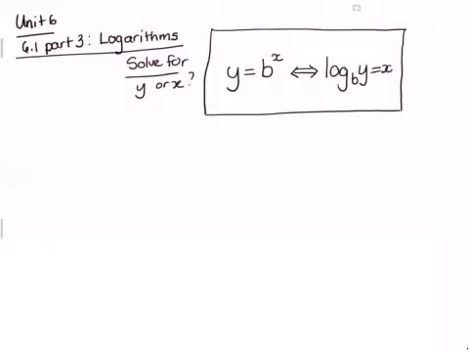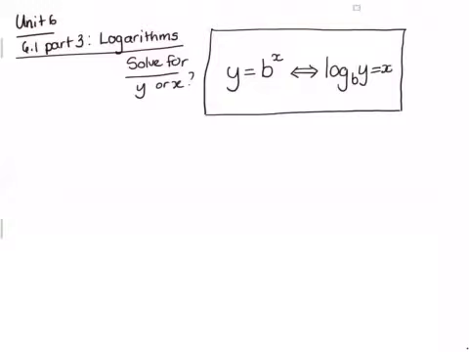So if I have the values of b and x and I want to get y, then obviously I use the first equation, because if you solve for, remember you're transposing, then the one you want has to be alone on the left. But if I have the values of y and b, and I want to find the value of x, then I've got a problem with the x being up in the air there. So I've got to bring it down to the ground.